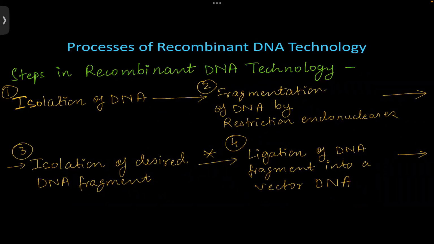Now there are certain steps. Till now you have understood what tools are used in recombinant DNA technology. You have to use restriction enzymes, then look for suitable cloning vectors, in which there must be suitable cloning sites. Other than that, you need DNA polymerases and then DNA ligases.